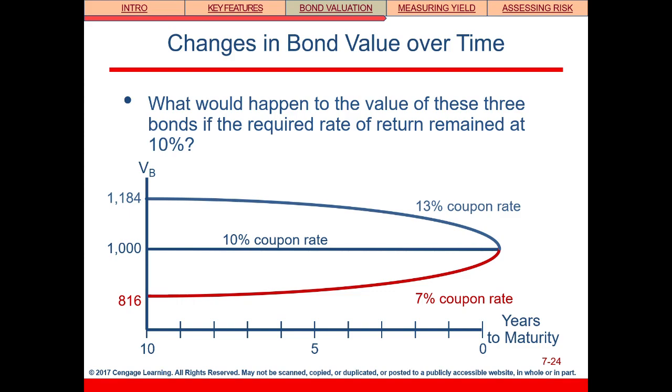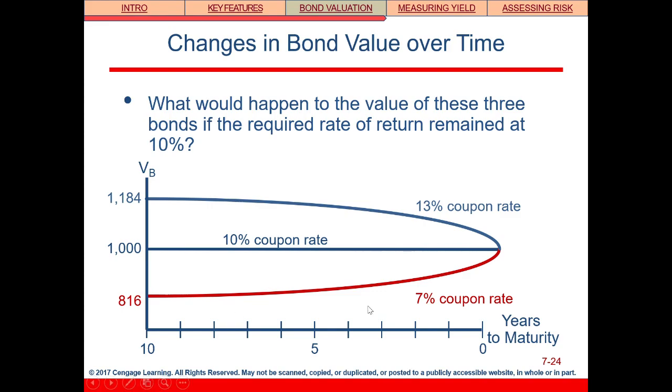So no matter how high the coupon interest rate was before, it doesn't matter anymore, because tomorrow or the next day you're going to receive the face value, right? So that's why all bonds converge to their face value, no matter whether initially they were selling at a premium or selling at par. They will all converge to the face value, because the next day, that's the cash flow the investor is going to receive.